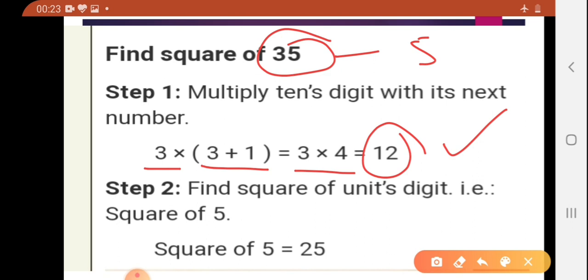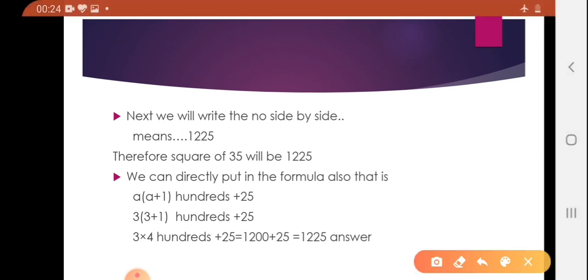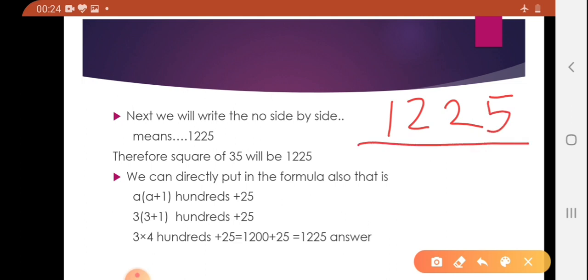The next step was to find the square of the unit digit, that is the square of 5, which is 25. Now write both: first 12 and then 25. So 12 and 25 together, therefore the square of 35 will be 1225.